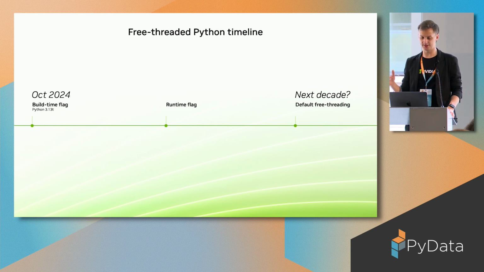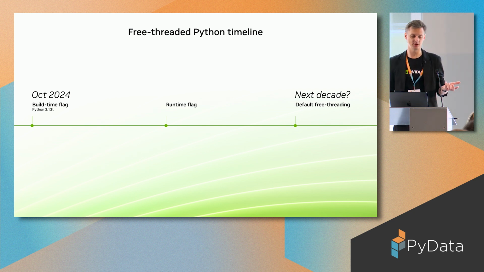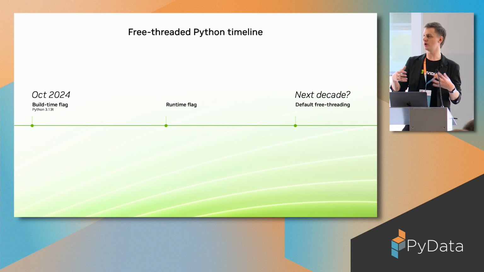But again, it's not certain yet. Somewhere in the middle, we'll have a runtime flag. A runtime flag is something obvious: when I'm running my Python script, like python -c something or python something, I can also pass python -X gil=0, for example, and this will run my script without the GIL in unlocked threads.